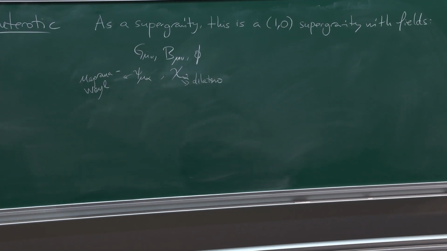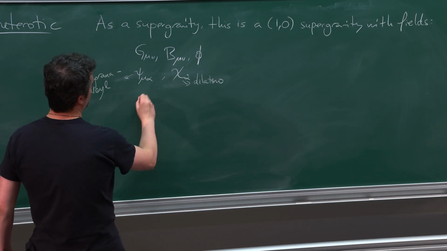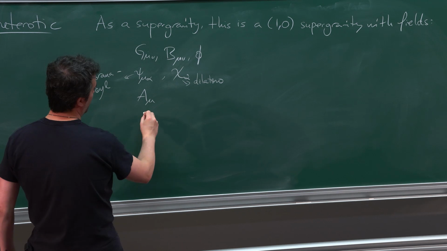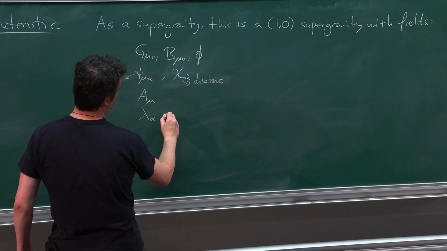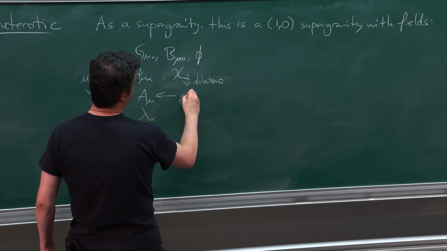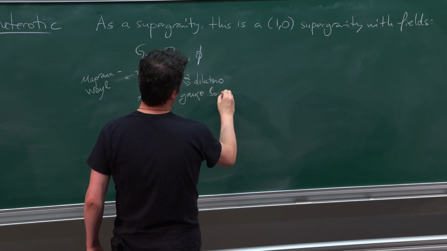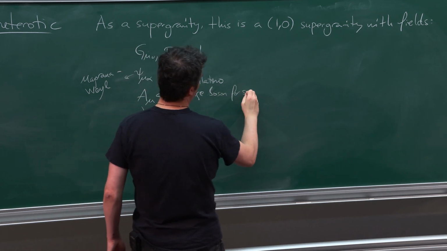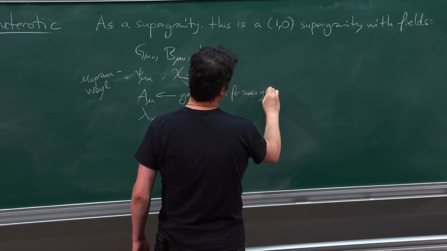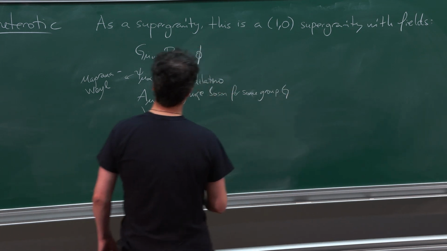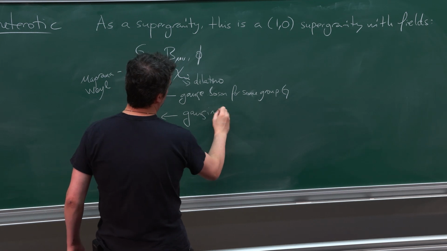And the new ingredient is that in type I, you can have supergravity coupled to Yang-Mills theory. So you have an A_mu and a lambda with positive chirality. So this is a gauge boson, and here I have a gaugino.